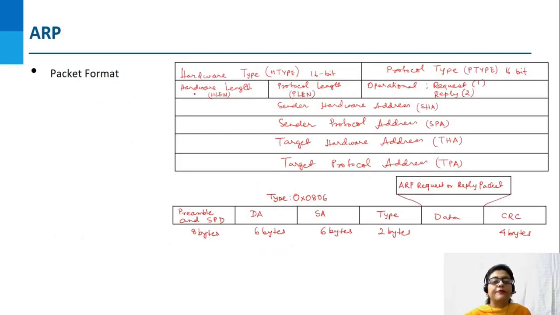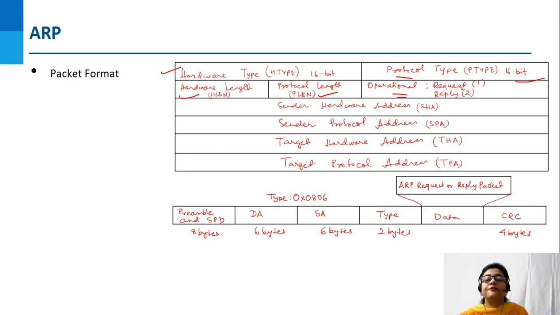The ARP packet format consists of several fields. The first field is the hardware type or H type, which is 16-bit long. Then is the protocol type, which is known as the P type, which is also 16-bit long. Then we have the hardware length H len, then protocol length P len, then the operational field.